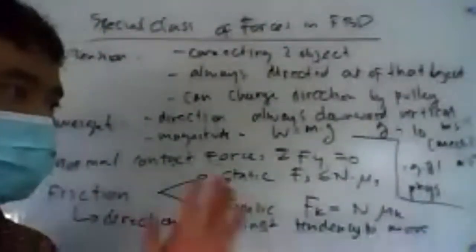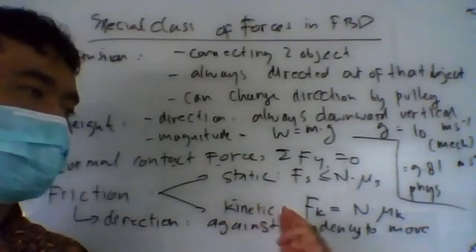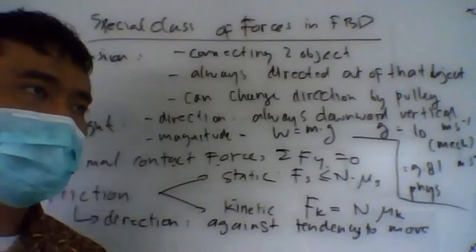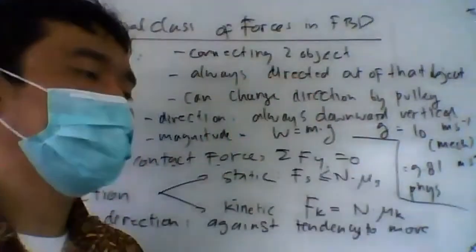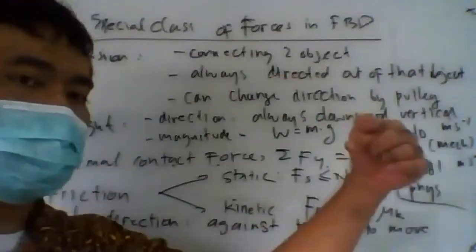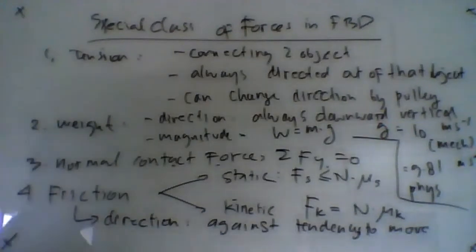If you try to push an object to the right, the force of friction tries to move you to the left. If you try to push an object up a slope, then the friction is going to go down the slope. It is always against the tendency to move.